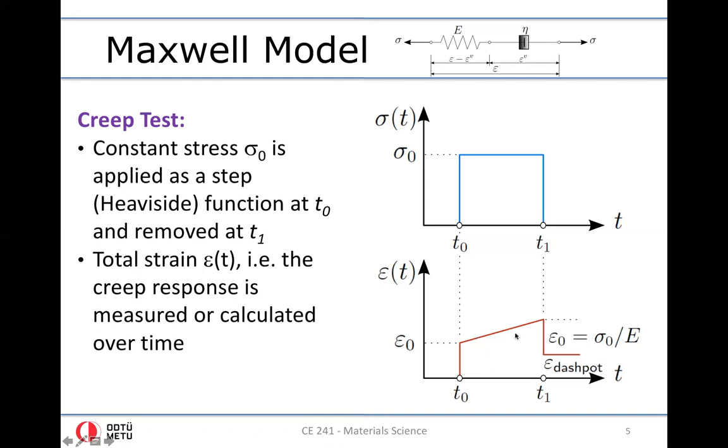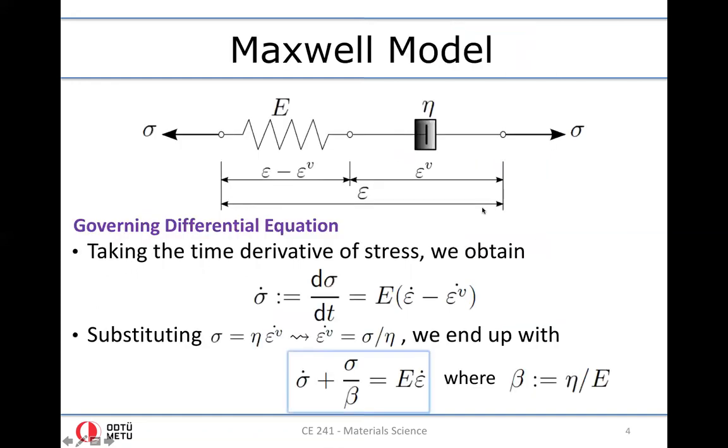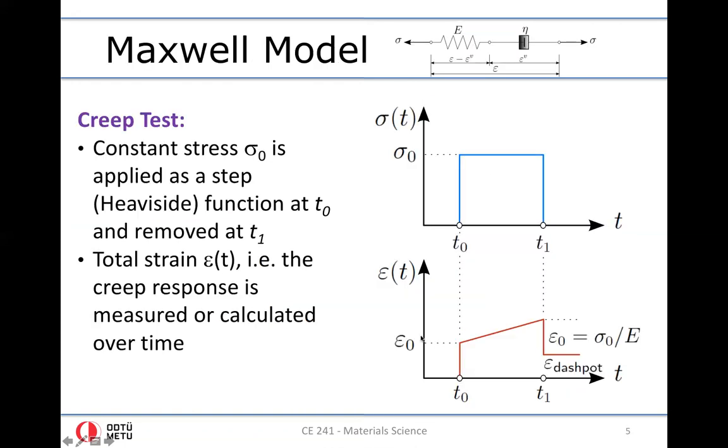The rate of the strain here is constant because the stress is constant, since the viscous strain evolves proportional to the stress through division by the coefficient of viscosity. This slope is nothing but the rate of the viscous strain. Since this is the total strain, it is decomposed into the elastic part and the viscous part. The elastic part is constant for a constant stress in this serial setting, so the change in the strain between t0 and t1 is given by the evolution in the viscous strain.